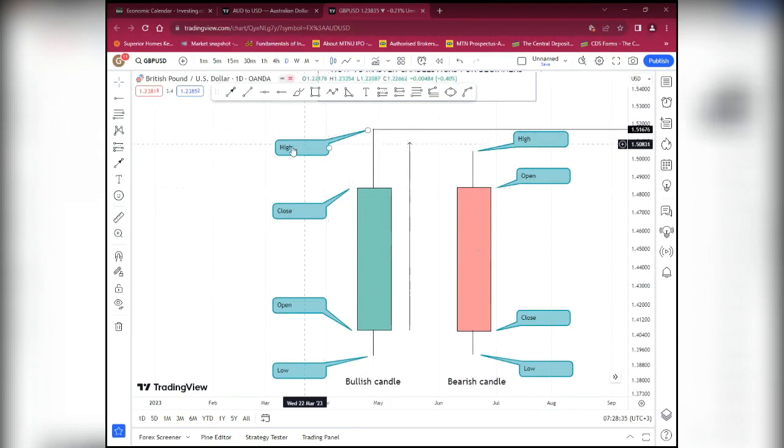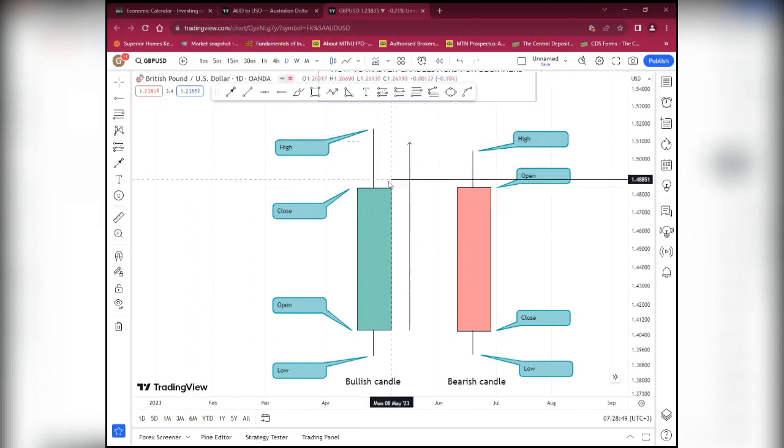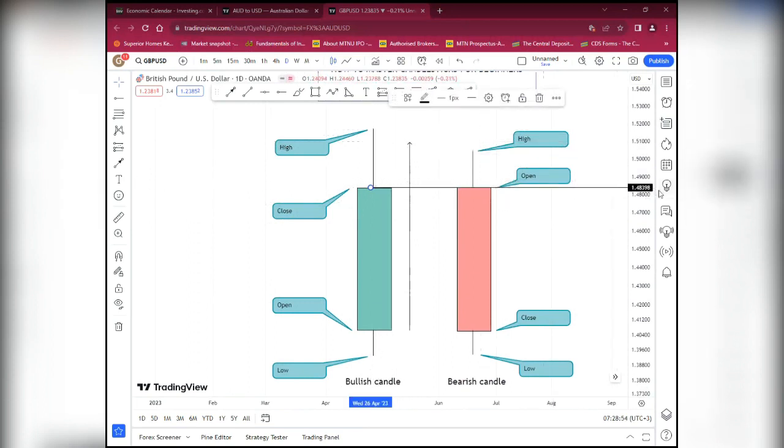This is the high, and you see it's at 1.51676, and by the time this candle was closing, these were the closing prices, 1.48398.